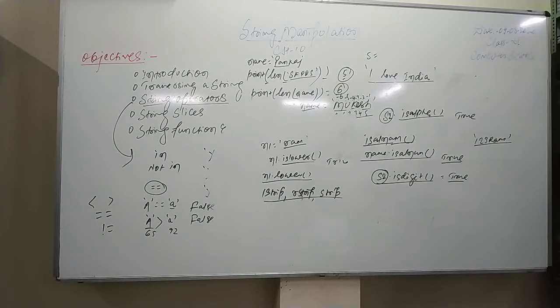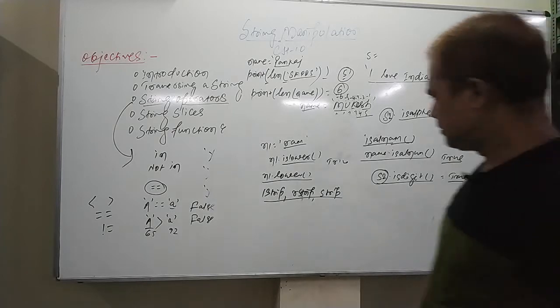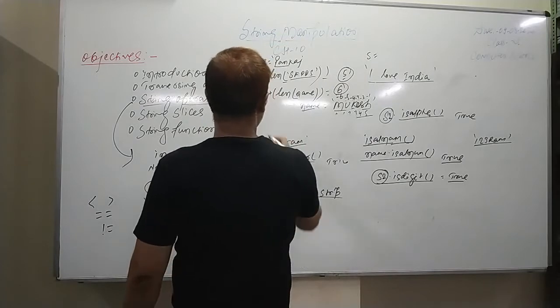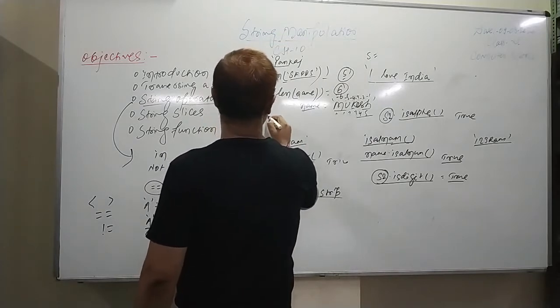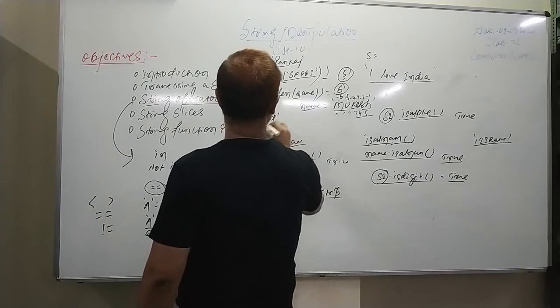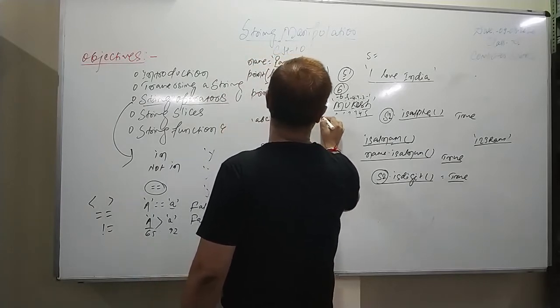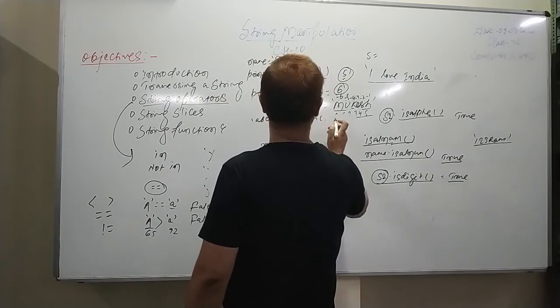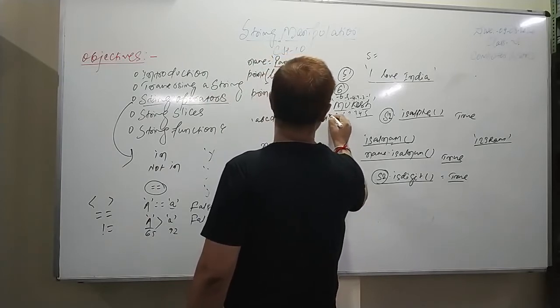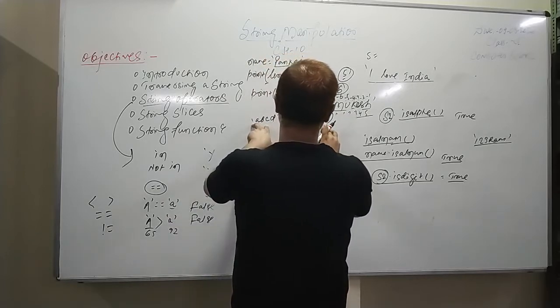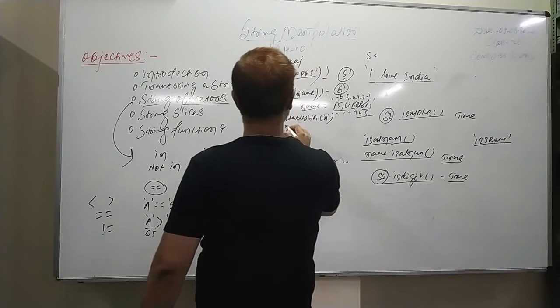Then there are the methods called startswith and endswith. Now if a string is ABCD and you write .startswith with D, it will give you False because this string does not start with D. Similarly, we can say endswith.